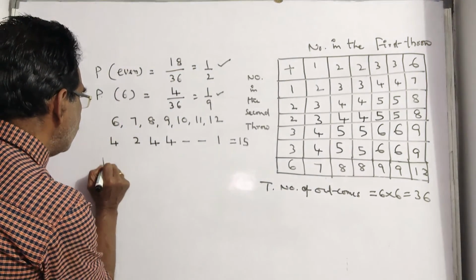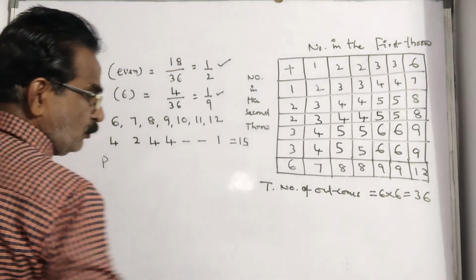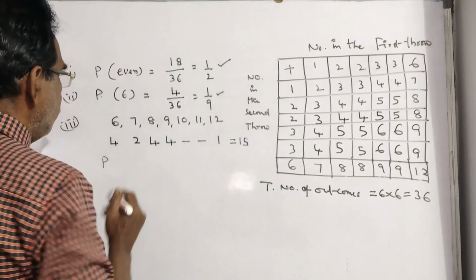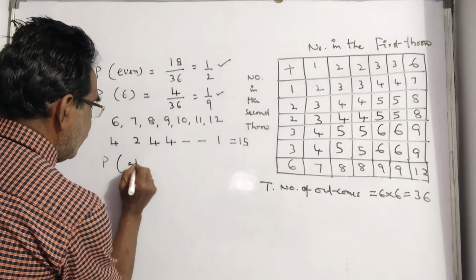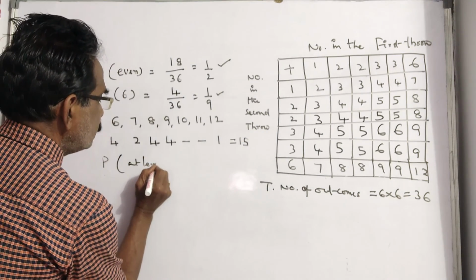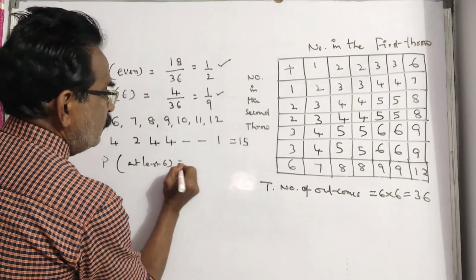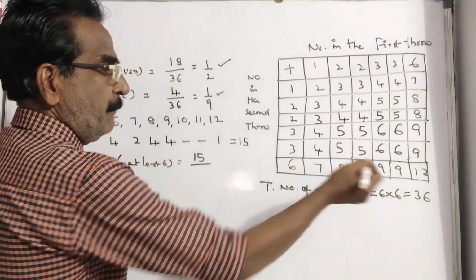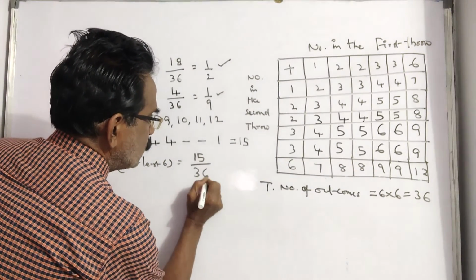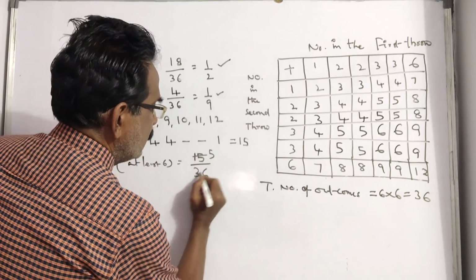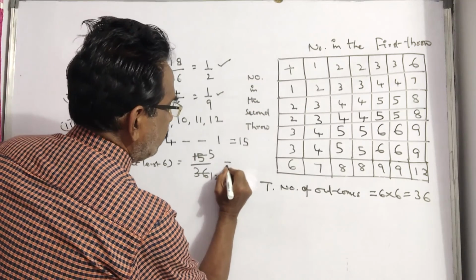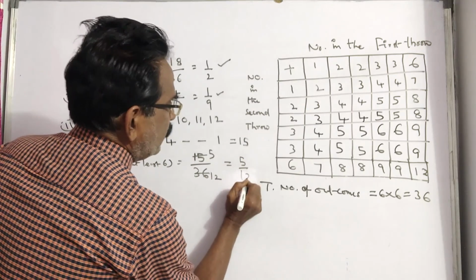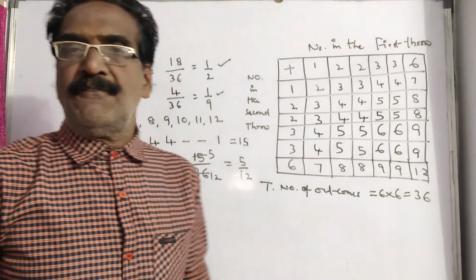Now the probability of getting a sum at least 6 is equal to favorable outcomes, that is 15, by total number of outcomes 36. So 3 fives are 15, 3 twelves are 36. So the required probability is equal to 5 by 12, friends.